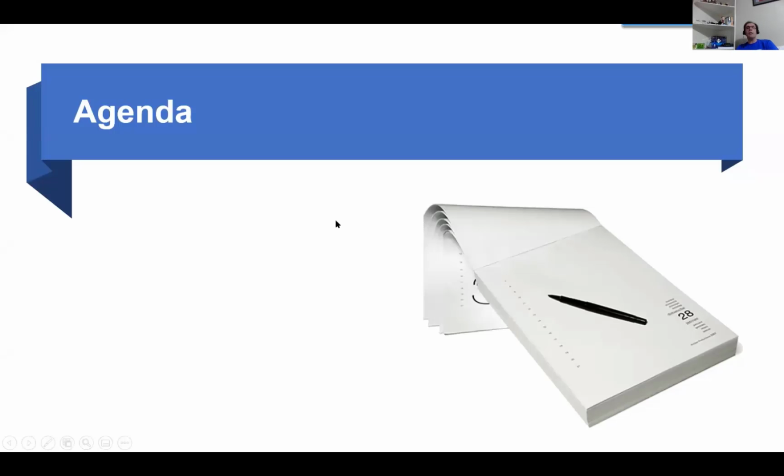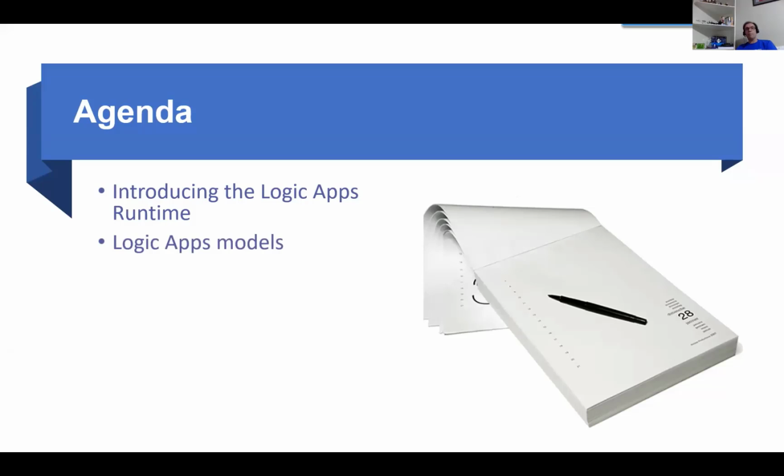I think that topic is probably going to spark a couple of new blog posts, so keep looking at that. For the agenda today, we're planning a little introduction to what this Logic Apps runtime is and means for us. Then talk a little bit about some models that this new runtime introduced and what the difference is between them. Then have a good look at the VS Code extension, and hopefully spend some quality time there.